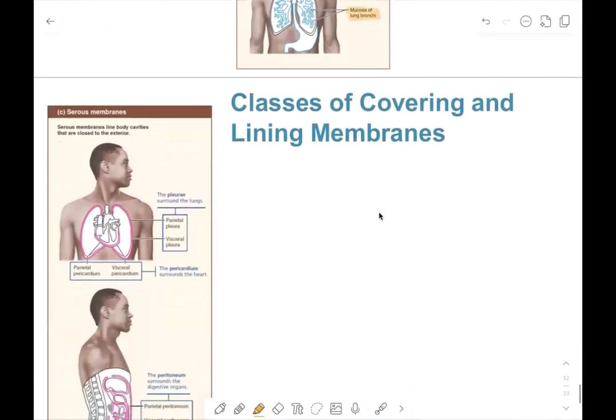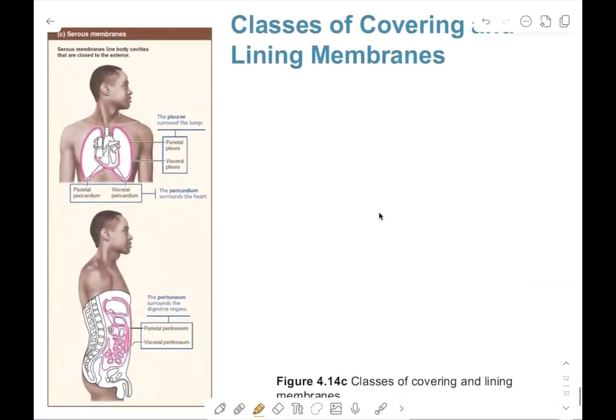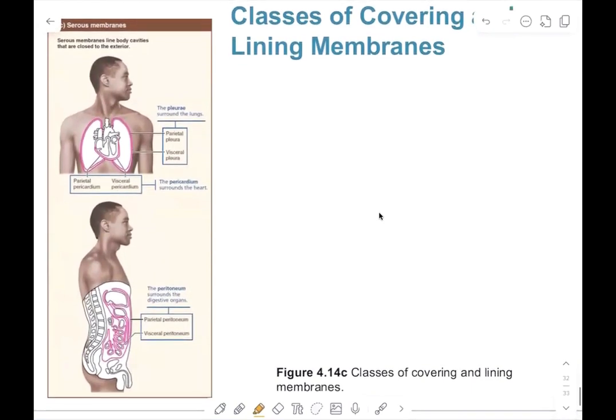The third type of membrane, we actually talked about it earlier on in chapter 1. These are collectively called serosa, but they are also wet membranes, and they're found only in the ventral cavity. So that's where we talked about them.